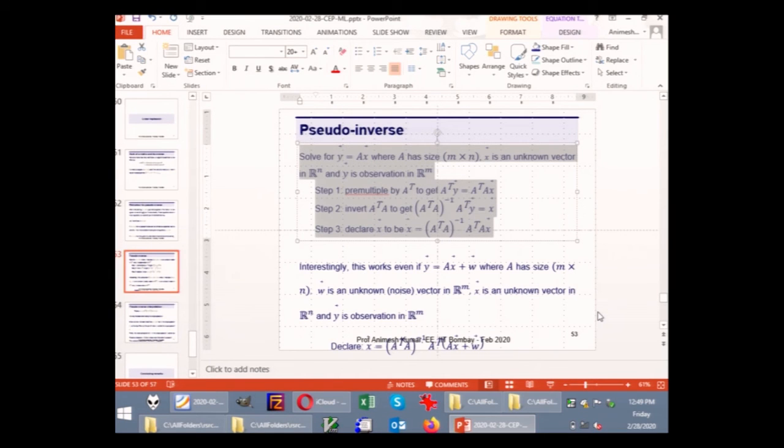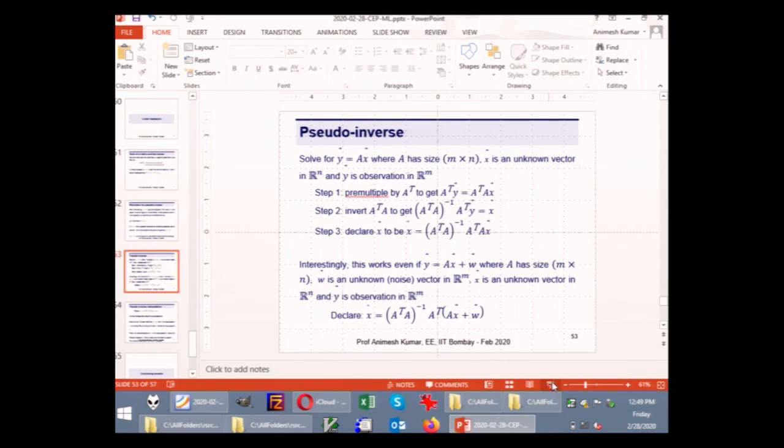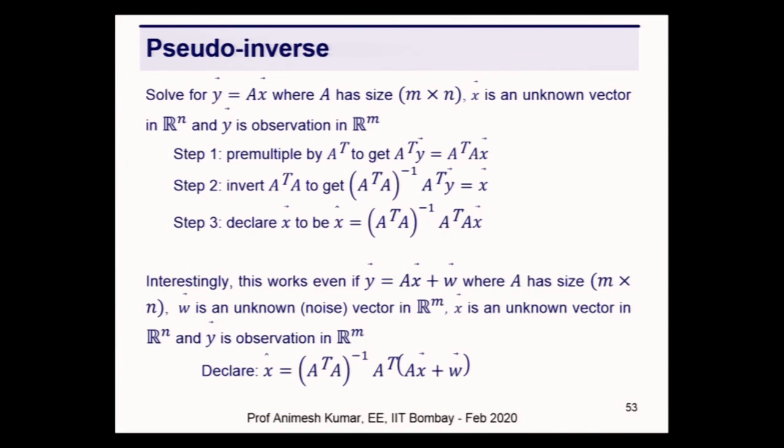It looks like a complicated formula, because this is almost saying that x vector is equal to x vector. The formula looks dumb, right? Because I know that (A transpose A) inverse times A transpose A is going to be identity.